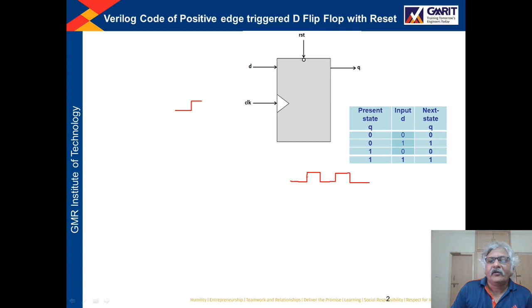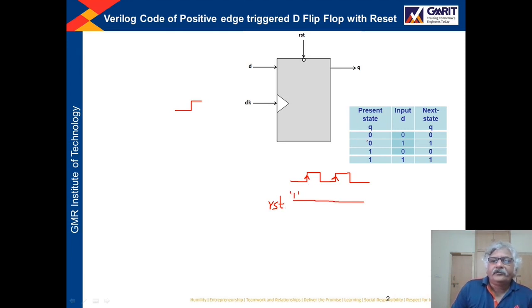This is the clock and this is the positive edge, right? So let us assume our RST input is binary 1, right?